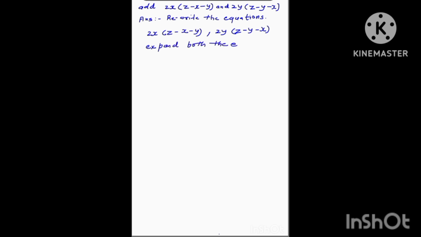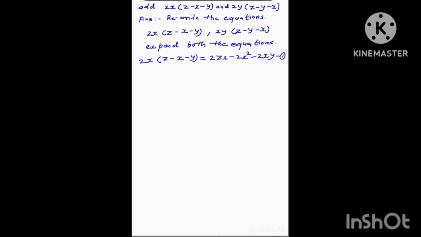Now expand this. Okay, expand both these polynomials. See, 2x into z minus x minus y will be equal to 2zx. See, follow one series or one order. You can write zx, you can write xz.